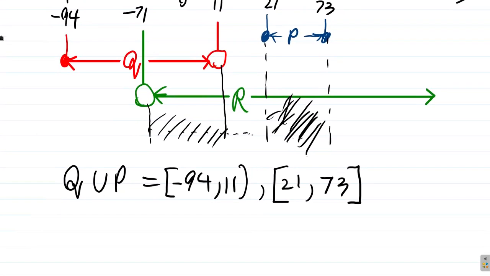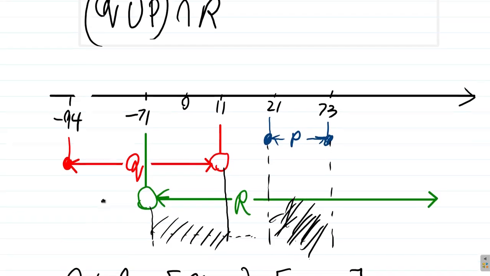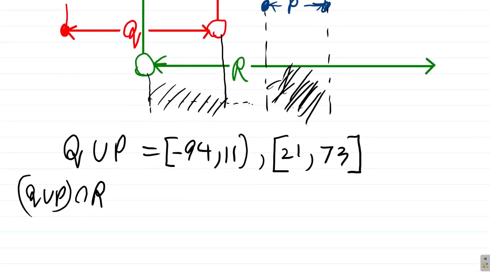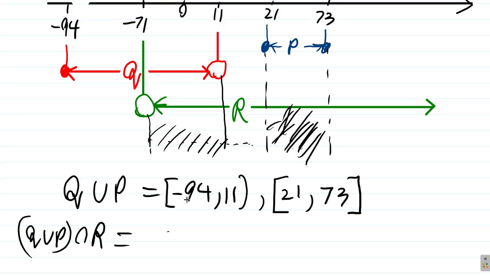Alright, so Q union P intersect R. That's what we have there, right? Is equal to, here we have negative 71. It must be in both at the same time. This is not in R. So negative 71 must have a round bracket.